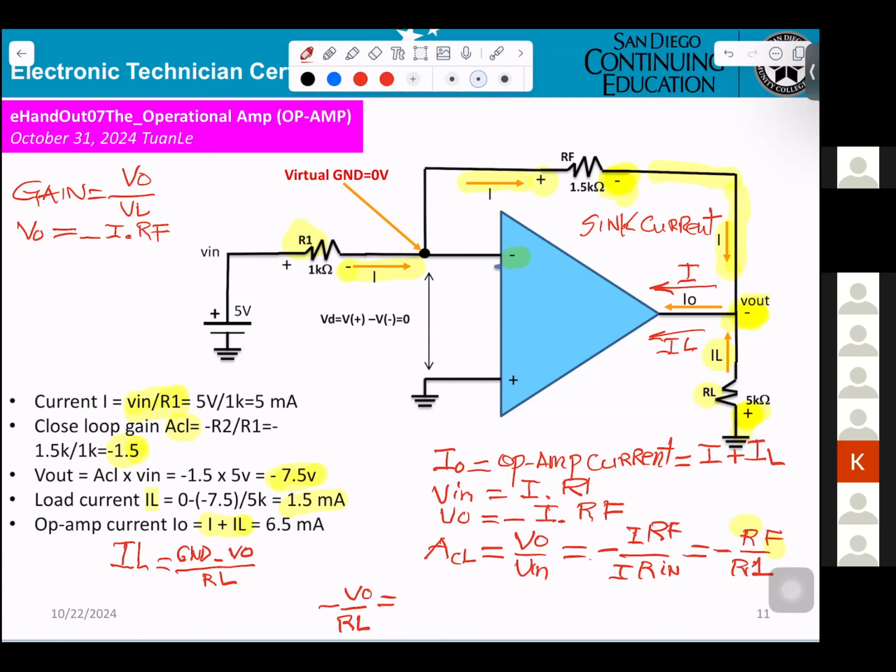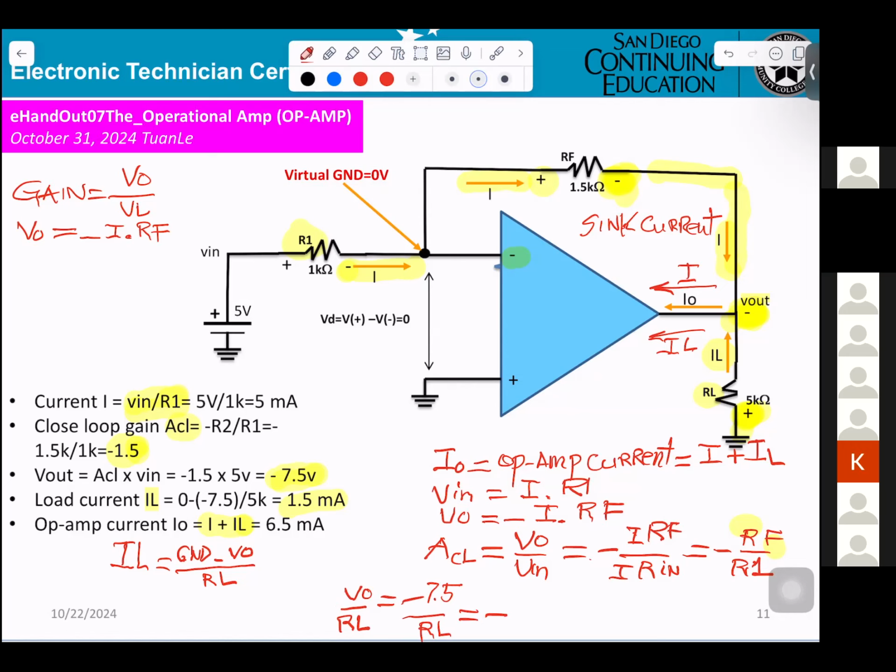Okay, hold on. If you calculate the VO over RL, now VO equals minus 7.5, divide RL. So when you apply that, you can get the current will be minus.